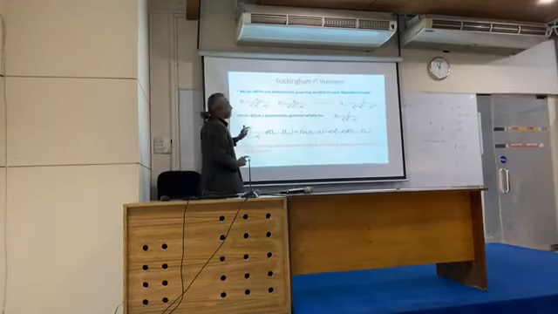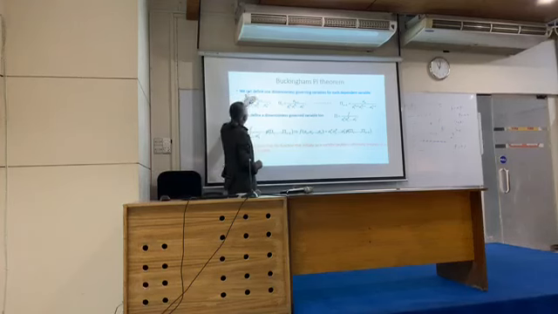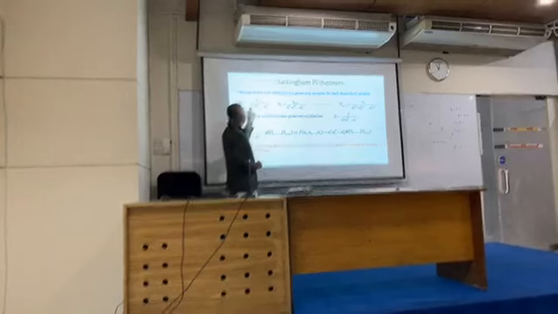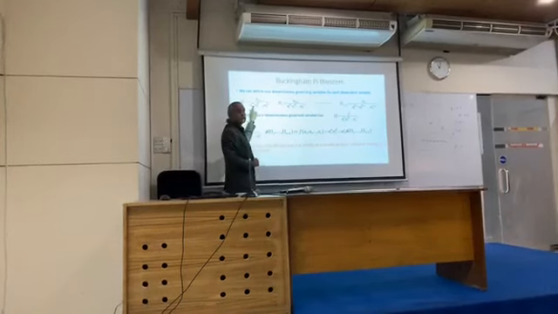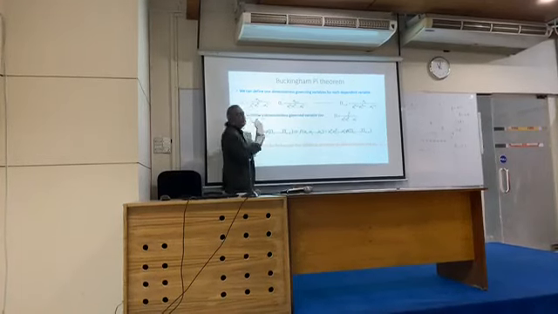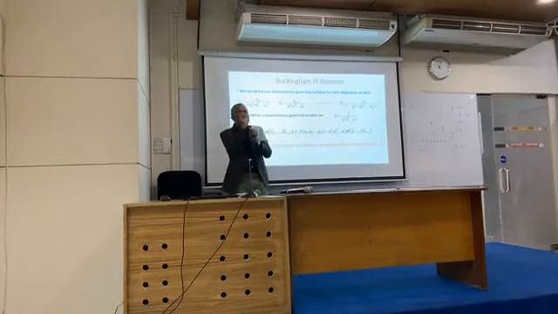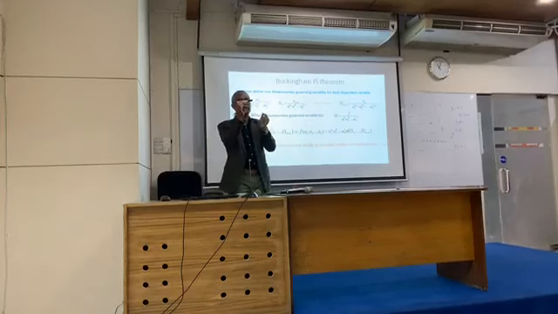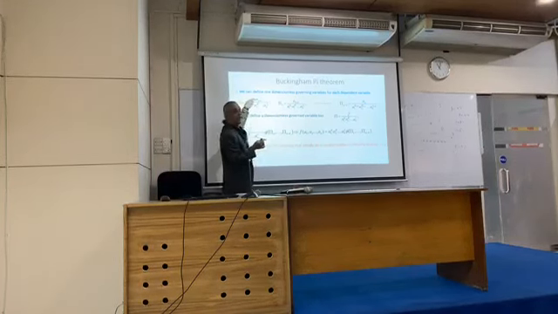If so, then say a_(k+1), its dimension is the same as what I can express in terms of a1 to the power alpha 1, a2 to the power alpha 2, and so on. So now this I can call a quantity. So a_(k+1) I measure by this, so I get a number.